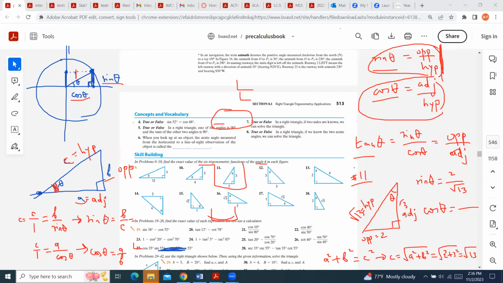Here's your adjacent side, 3, divided by the hypotenuse, radical 13. Great. Let's get the tangent. Tangent is the quotient of opposite over adjacent. These formulas I actually memorized because you encounter them every once in a while. So opposite over adjacent, that will be the opposite side 2, adjacent is 3, 2/3.